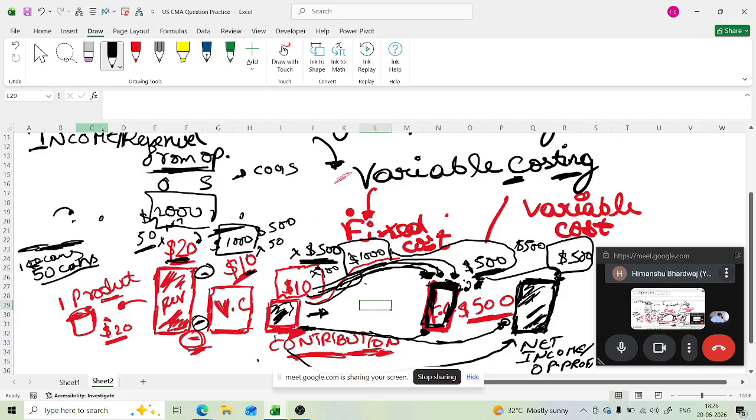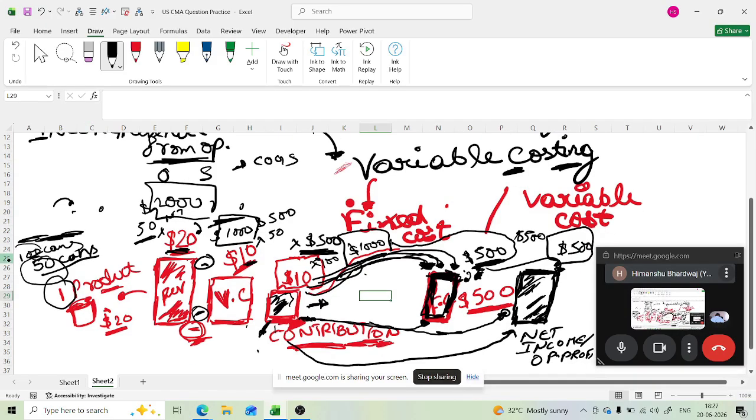As I'm calling it fixed cost, it is going to remain fixed as my level of production increases. Contribution is fluctuating as my number of units is increasing, 50, 100, and we are profitable at 100 cans. Variable cost also fluctuates with my level of production.